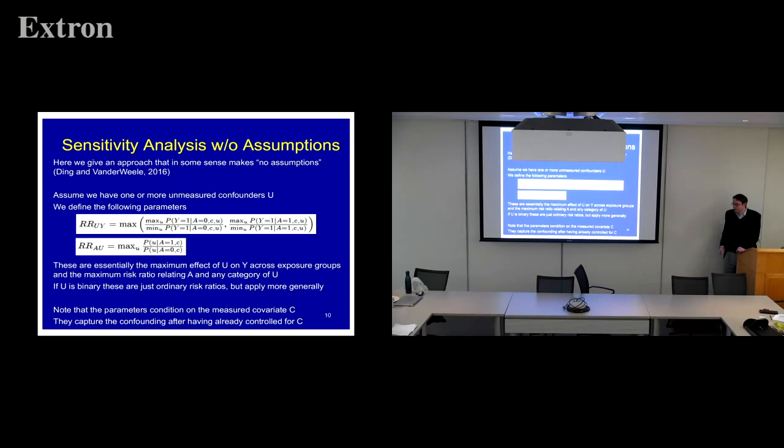So a coarsened confounder might suffice, and the same sort of techniques could then be applied. So that's more a point in the interpretation than the mechanics of this, but that's another way in which these results could still be useful, even if you were in a situation like the one you've described.